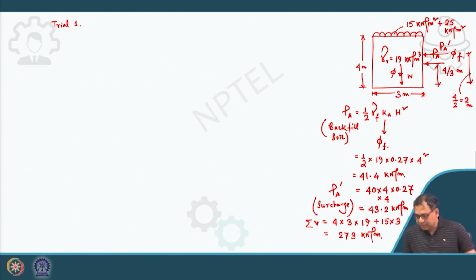So here the PA dash definitely will reduce your factor of stability, but sigma V will increase the factor of safety. That's why in PA dash calculation I have considered 40, but in sigma V calculation, the summation of vertical force, I have taken only the 15, because it will increase the factor of safety.